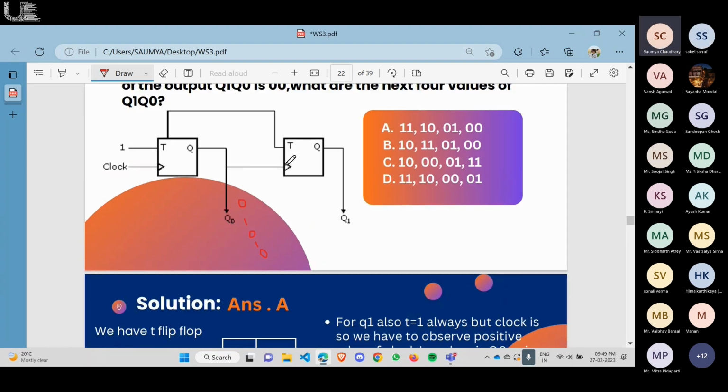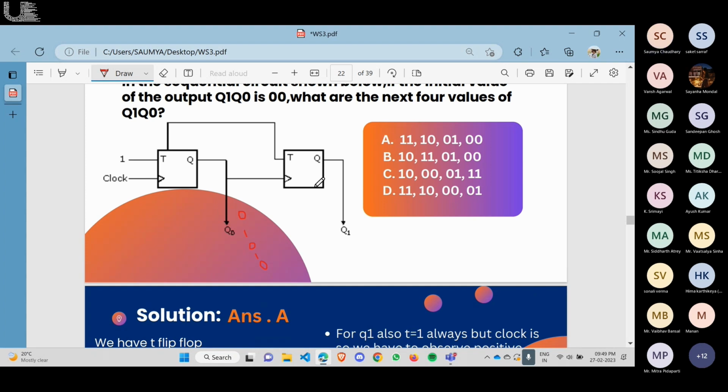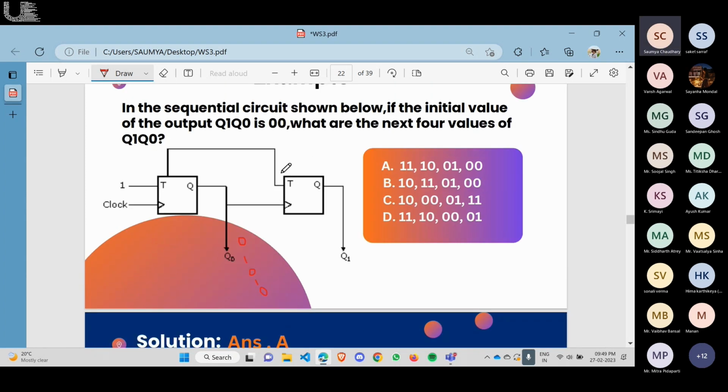But this Q0 is going into this flip-flop as the clock signal, and in this case also T is always 1. The initial value of Q1 was 0, so it will become 1. But in the second step we have to see the clock.